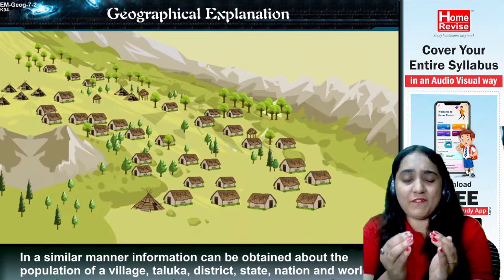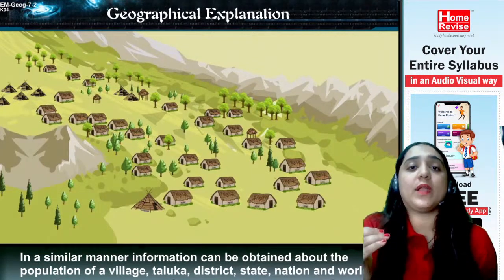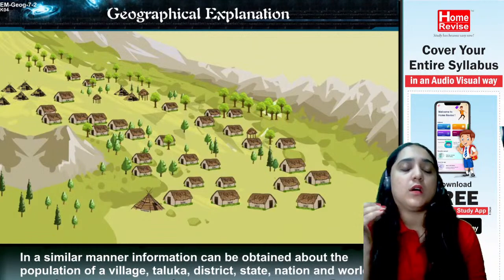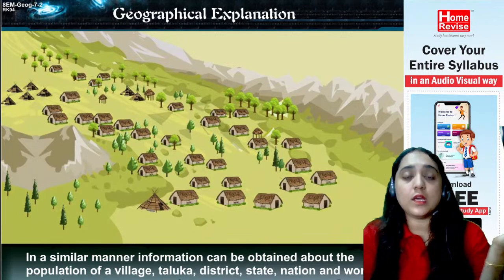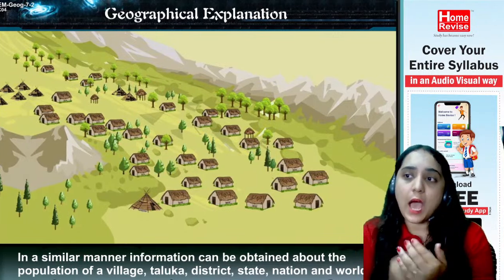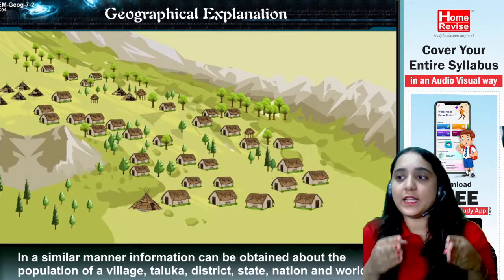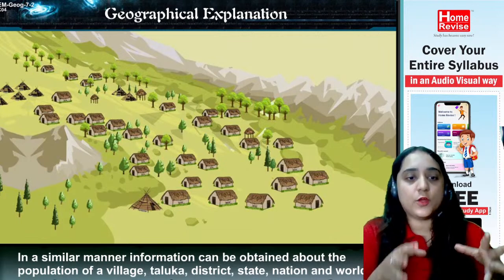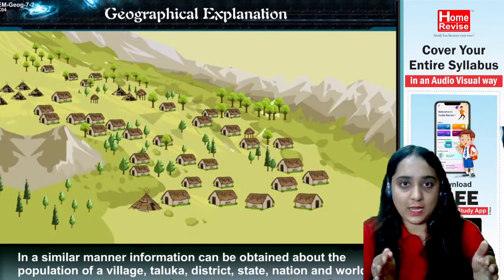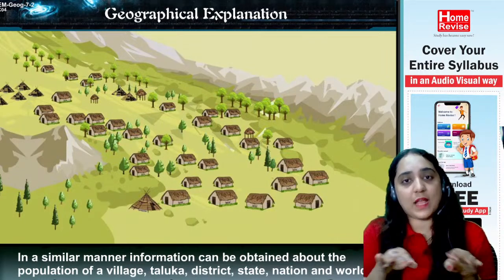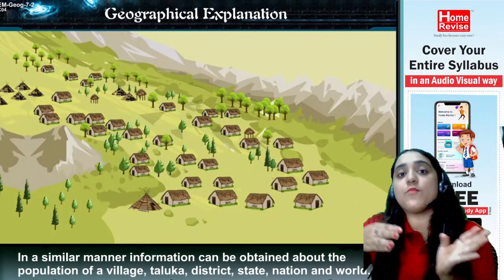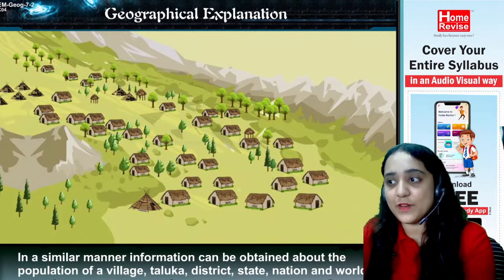Like we can start from a village, the smallest thing. Just like when I asked you to find the information about the population of the school, I did not directly ask you for the school. First what did I ask? I said you can find the information regarding your class. So first take the class, how many girls, how many boys, and once you are done with the class you can move on to the other class and everything, right?